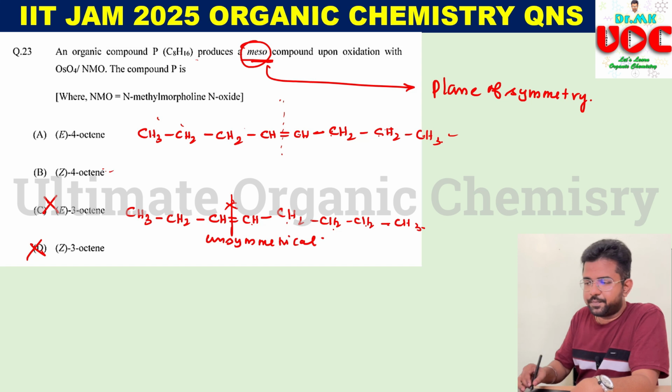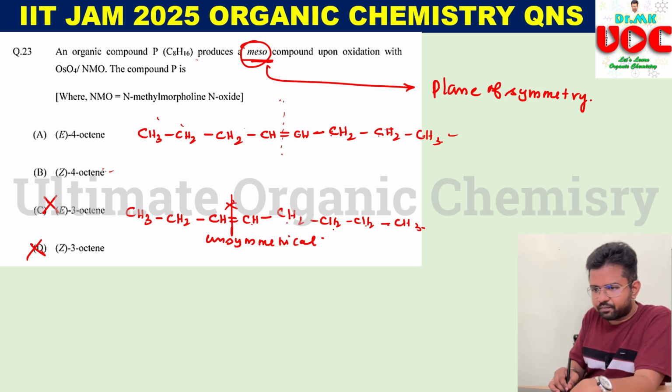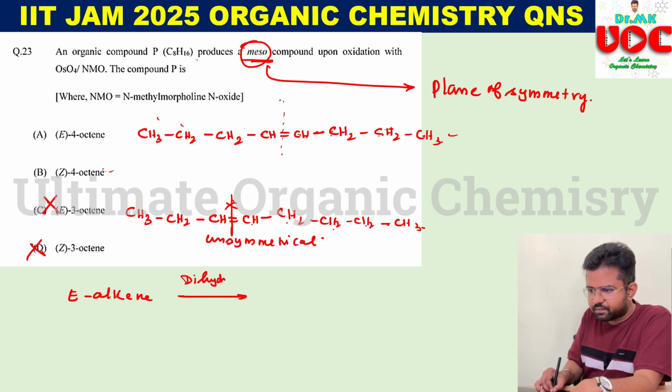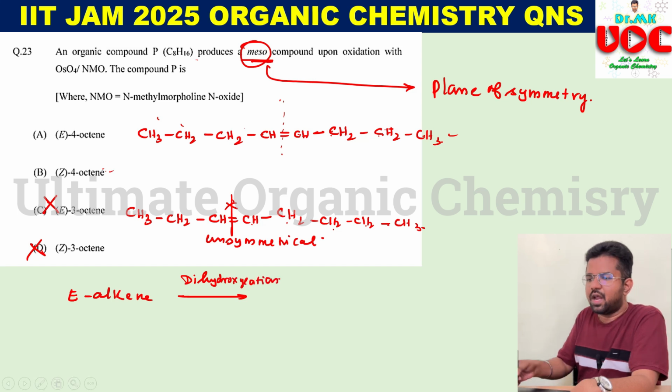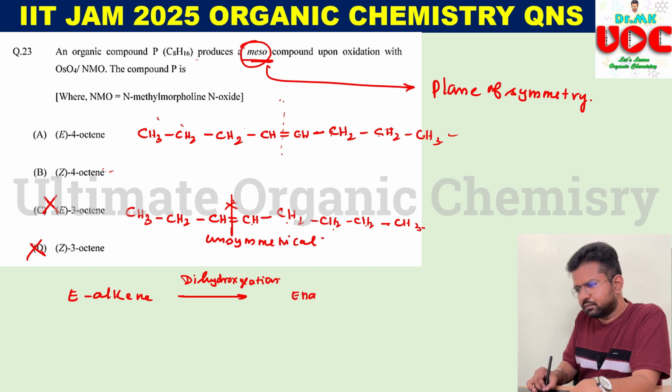I'll give a shortcut. If it is an E alkene, during dihydroxylation you will get enantiomers as a product.